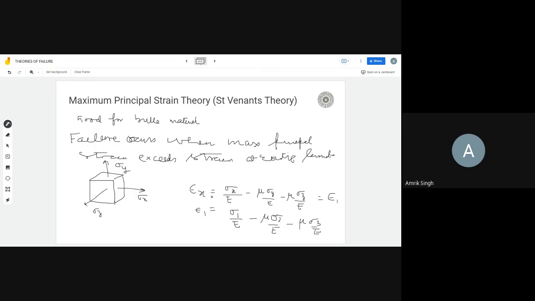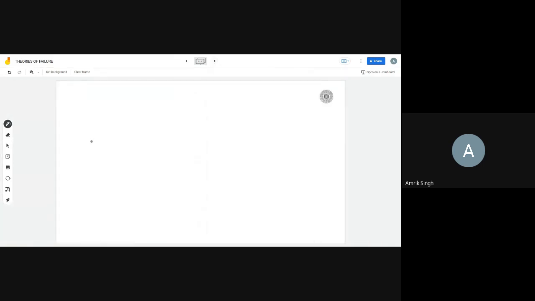So according to this theory, the maximum principal strain, that means 1 upon E, should be equal to 1 upon E times sigma x minus mu times sigma y plus sigma z.